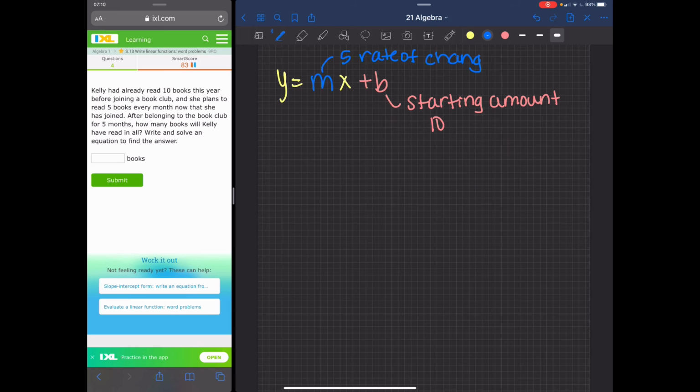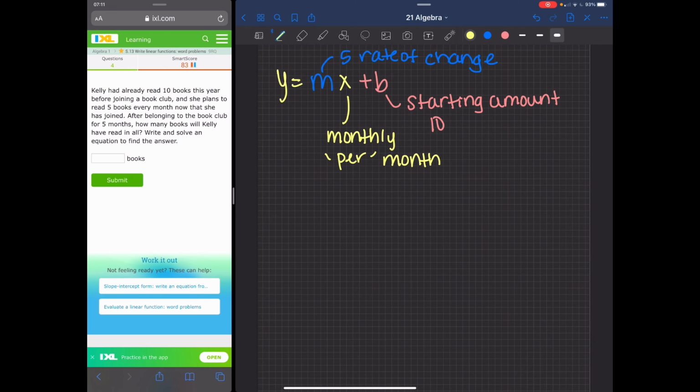And when we talk about the rate of change, we're thinking about monthly, because she joined a monthly book club. So that's monthly, or you can even say per month. That's the magic word.